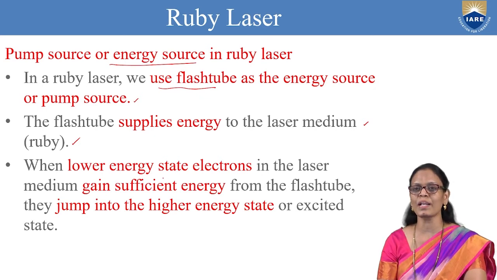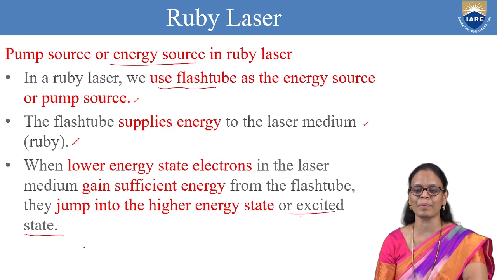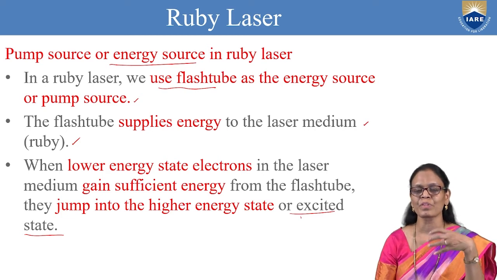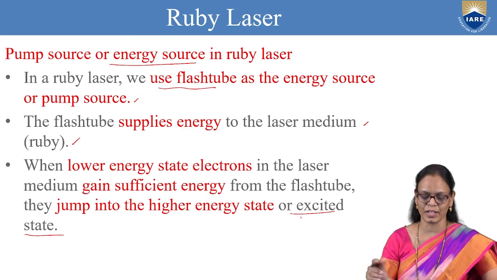When lower energy state electrons in the laser medium gain sufficient energy from the flash tube, they jump into the higher energy state or the excited state. So the atoms in the active medium, with the help of the energy we are supplying, gain energy and make a transition from the lower energy level to the higher energy level.